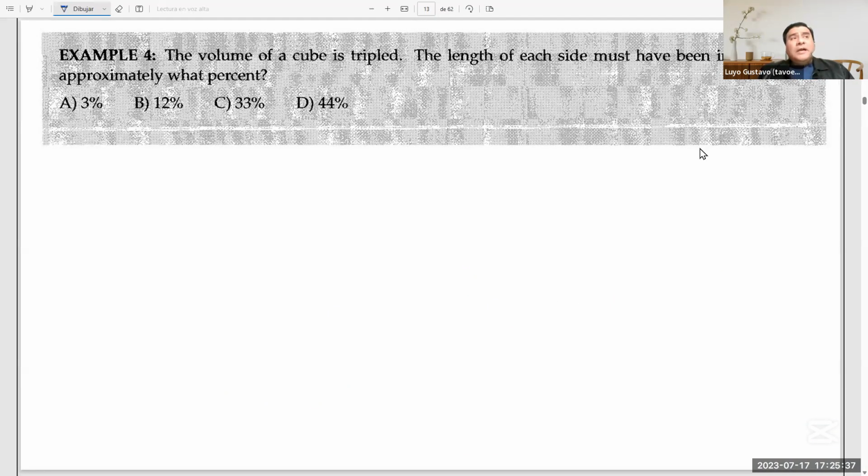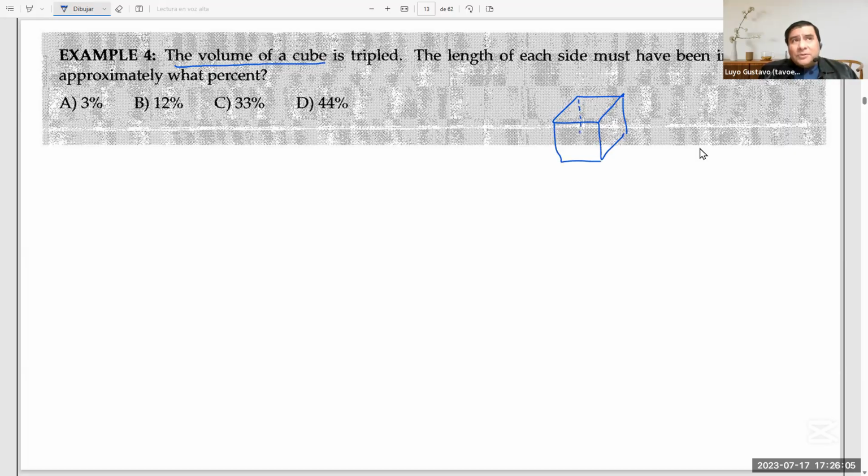The volume of a cube is tripled. The length of each side must have been increased by approximately what %? Probably this is assuming something that you perhaps know or perhaps you don't. But what is the formula of the volume of a cube? A cube is a solid shape that has 3 dimensions, right?